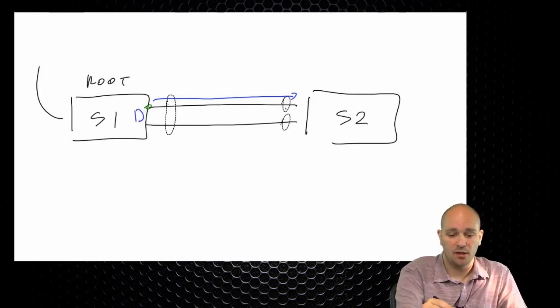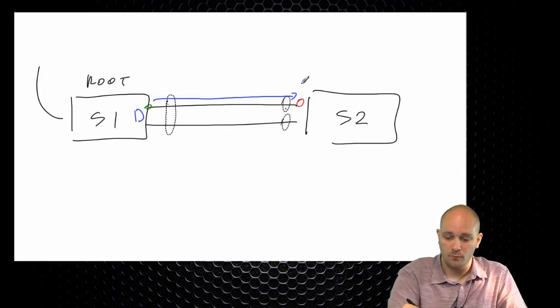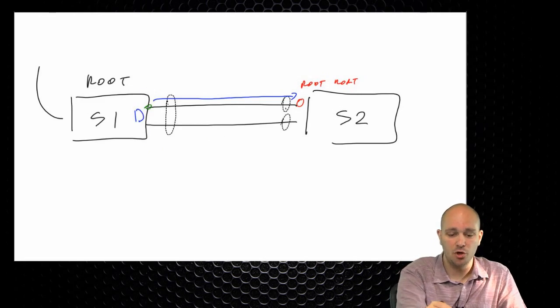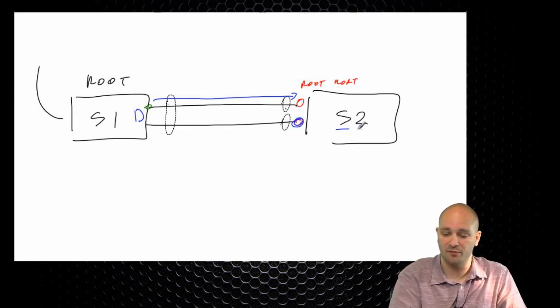So this here is going to become a root port. But because we are not receiving any BPDU frames on this port here, from the perspective of switch 2, it is going to become a designated port.